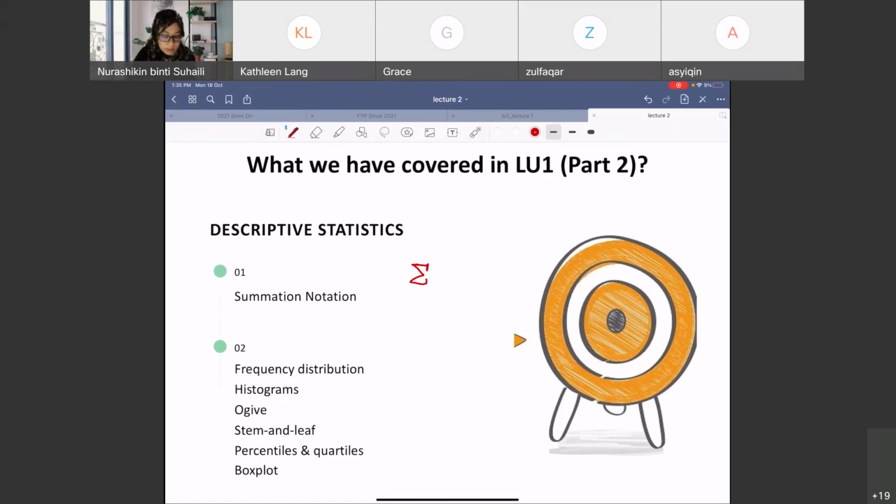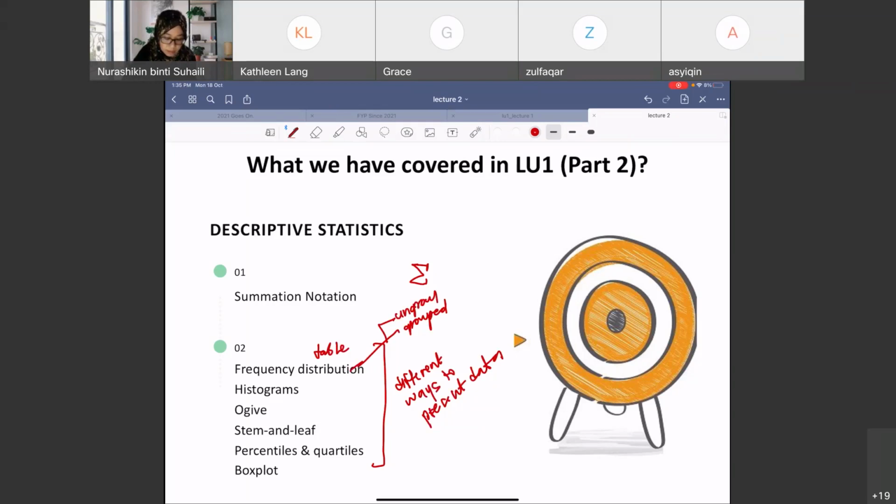And then we talk about the different ways or methods to present data. We have frequency distribution, that is the table, group and ungroup.